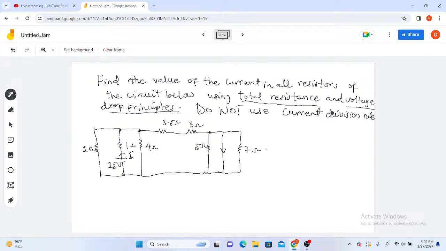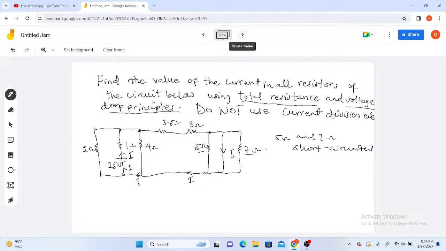So our current I will simply pass through this and return back to the source as I. Hence, it is going to skip this and skip this, meaning that the 5 ohm and 7 ohm resistors have been short-circuited. Take note.